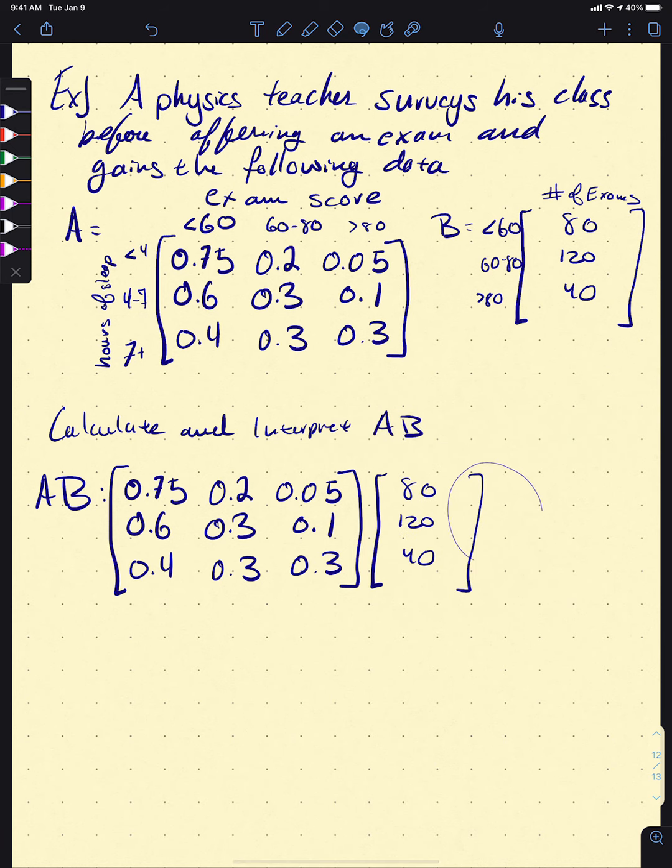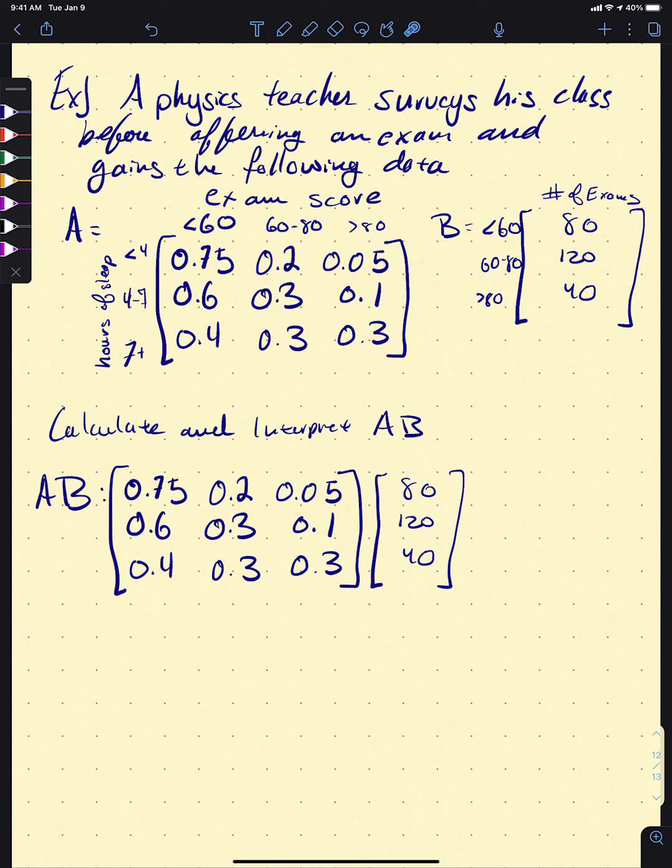Okay. So here's what I'm seeing. We have this first matrix A, and the rows are indexed by the number of hours of sleep, right? So, if you slept less than 4 hours, that's all these people, 4 to 7, and 7 plus. Then we have exam scores indexing our columns, right?